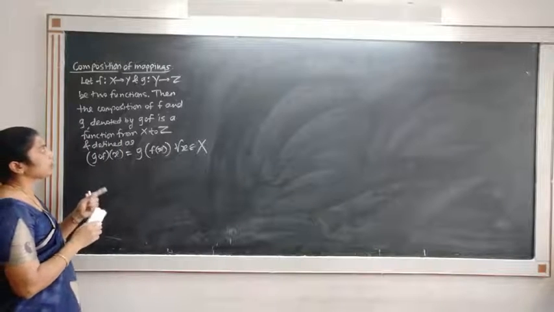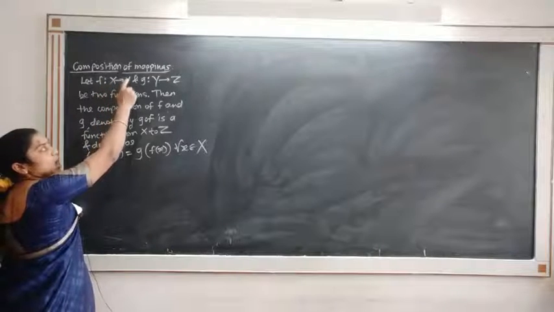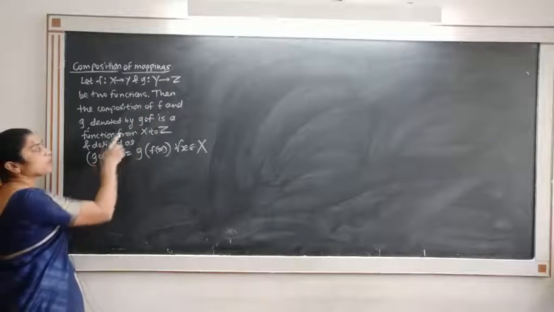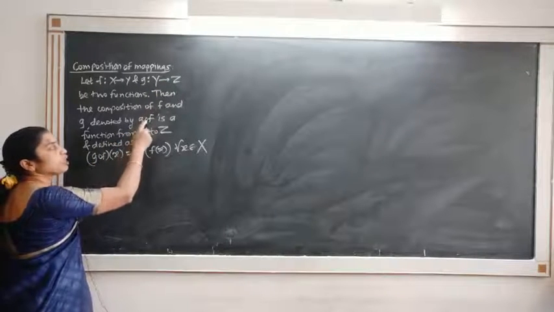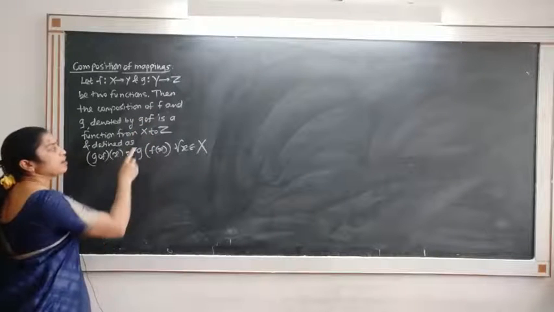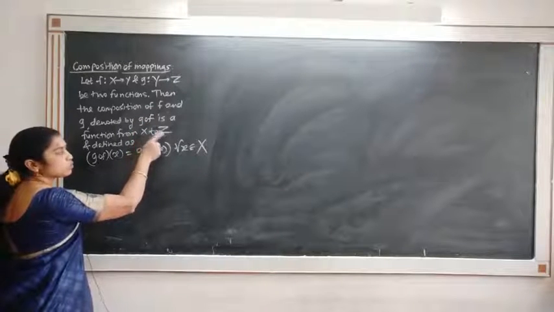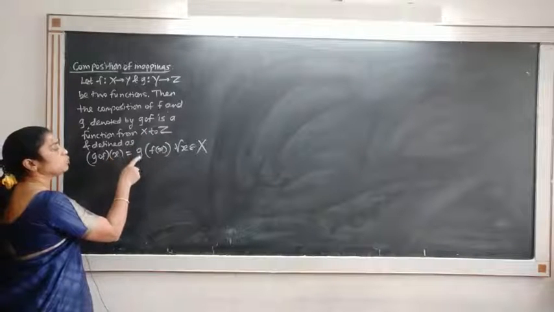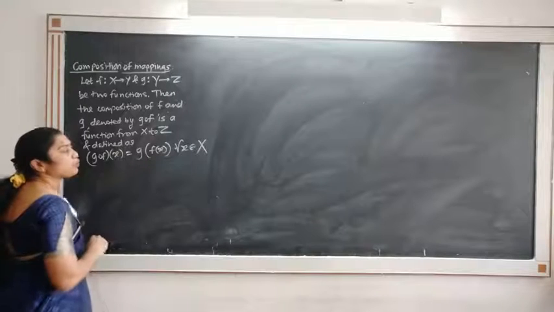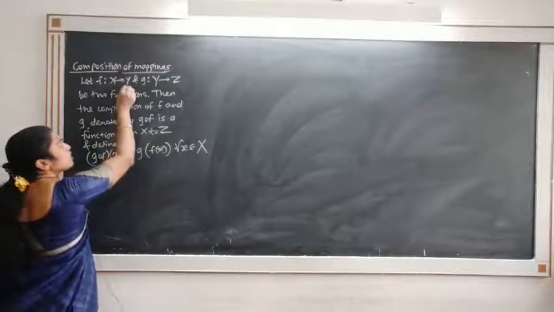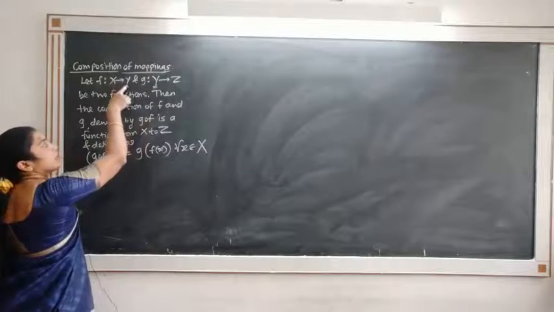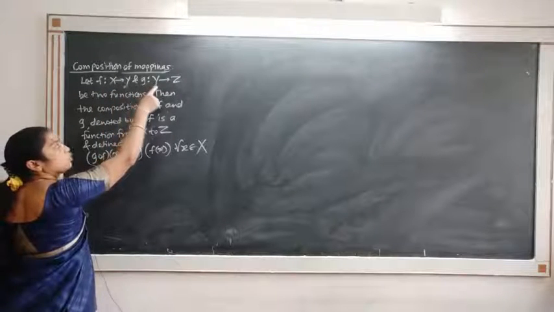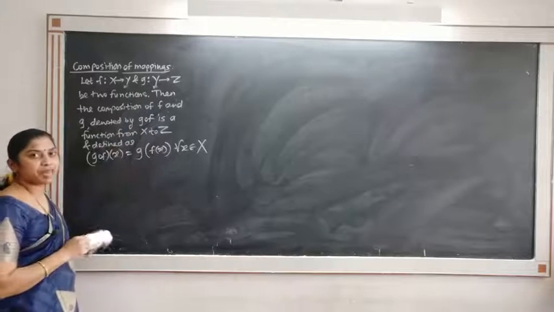So observe that if f is from X to Y and g is from Y to Z are two functions, we are able to find their composite map denoted by g composite f, and it will map from X to Z, defined as (g composite f)(x) is equal to g(f(x)) for every x in X. Here we are taking both the codomain of f and the domain of g to be the same.